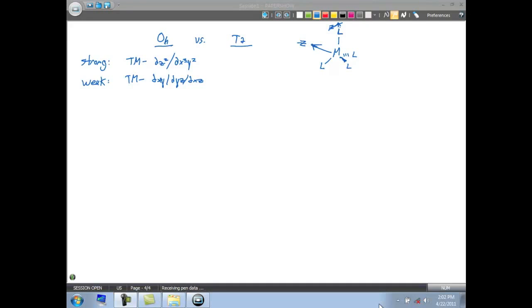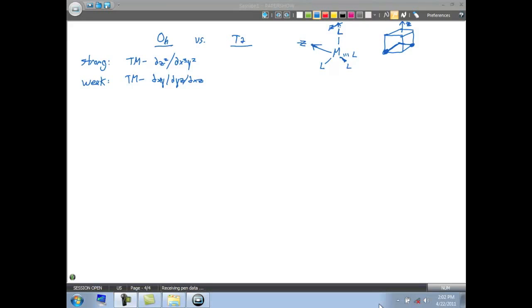The best way to visualize this is to draw the tetrahedron inside of a cube. So if we draw a cube, and we assume that the z-axis goes straight up and down through the center of this cube, and we place our transition metal right in the center of that cube, the ligands that we would draw would be 2 ligands down here, which would form this 109.5 degree angle.